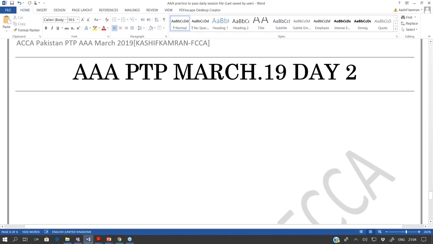Now, on day 2 of this Practice to Pass session, we are focusing on evidence. Not just evidence, we're also focusing on procedures. These are the areas where students tend to underperform. So let's see what we should be knowing about evidence and procedures.